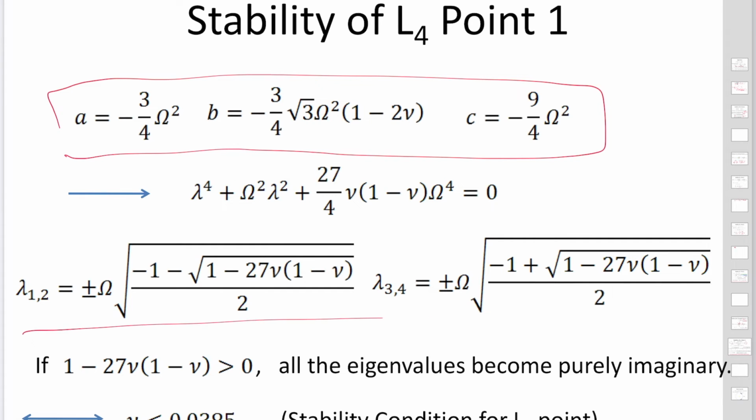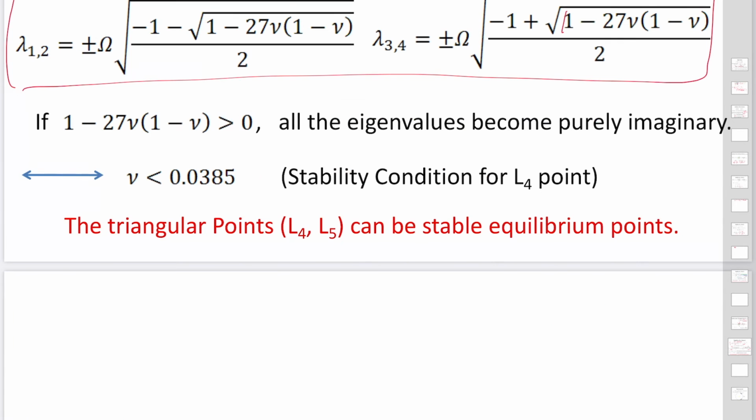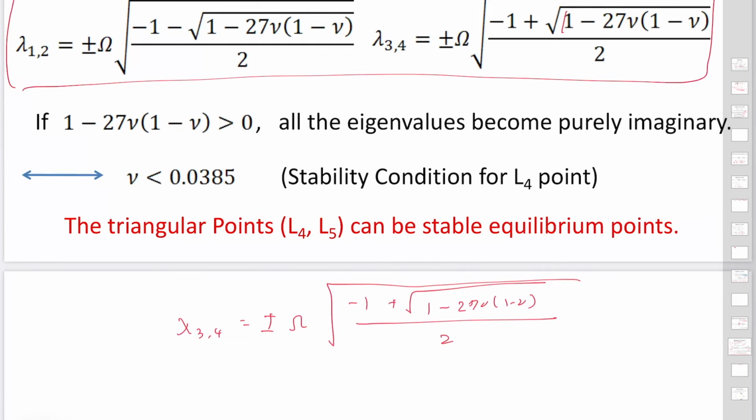We have these 4 values. Lambda sub 1, 2 are always purely imaginary numbers, but lambda sub 3 and 4 are expressed as plus or minus omega times the square root of minus 1 plus square root of 1 minus 24 nu (1 minus nu), over 2.